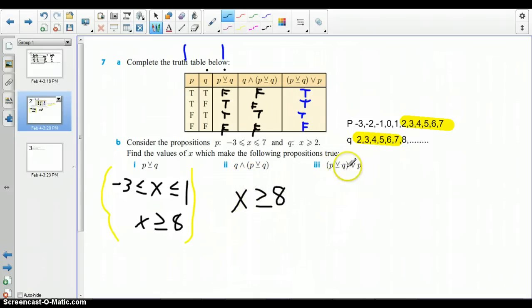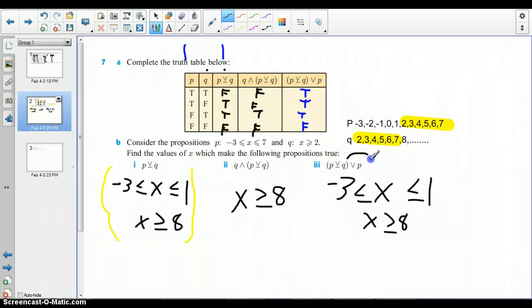Now we have the exclusive disjunction, which we already identified here, or P. So we want the exclusive disjunction with a disjunction of P. So what values make this true? Here, are they in these values, or here? Well, we have between -3 and 1. Anything greater than 8, that would make the exclusive disjunction true.